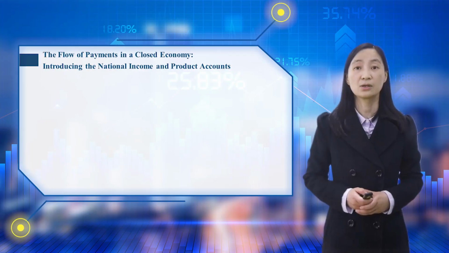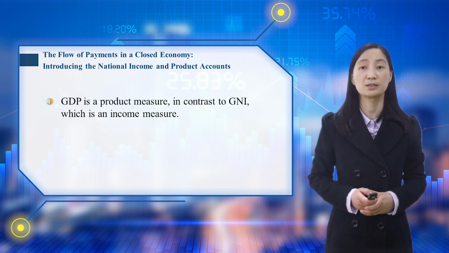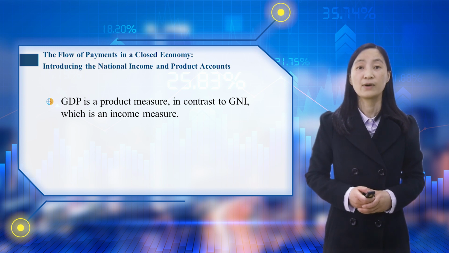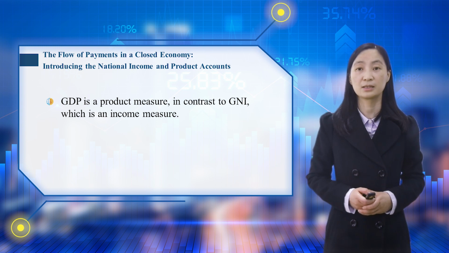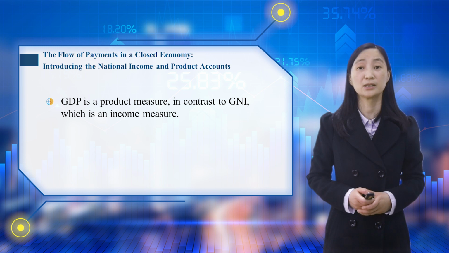In a closed economy, intermediate sales must equal intermediate purchases. So in GDP, these two terms cancel out, leaving only the value of final goods and services produced, which equals the expenditure on final goods and services, or GNE.